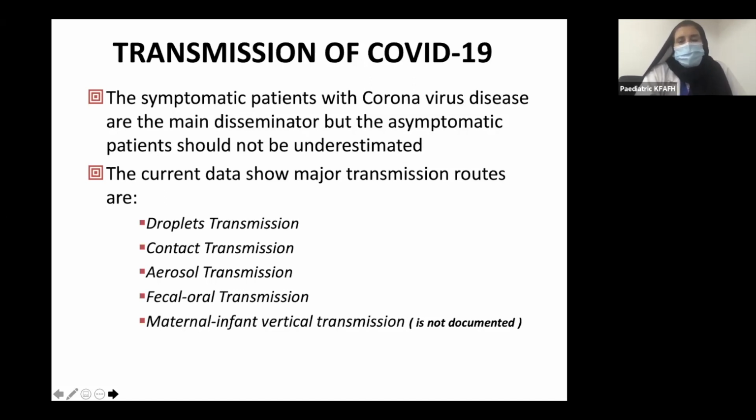It's not very well documented, and it's going to be discussed by the NICU team next Wednesday, because there is a lot of controversy about the transmission and about breastfeeding. So they're going to have a session next Wednesday, inshallah.